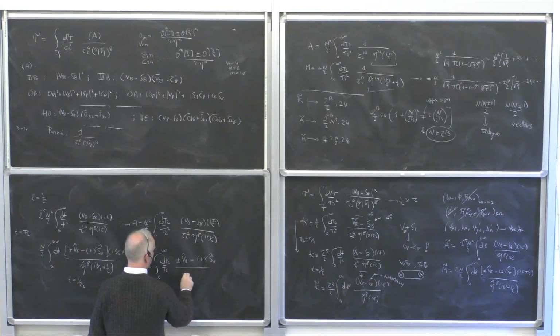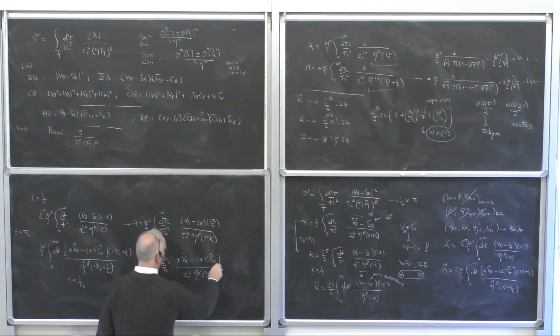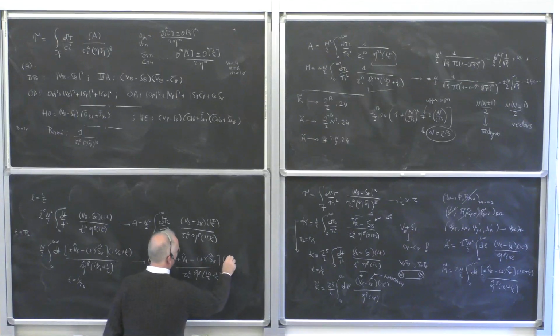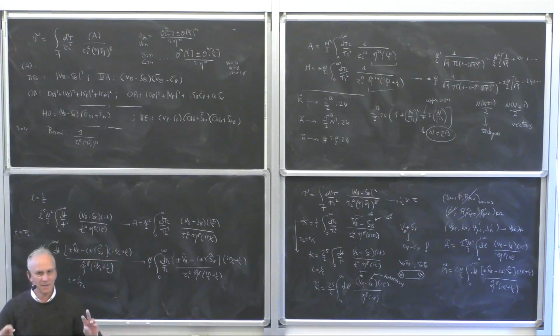And then this guy becomes tau 2 to the fourth eta to the 8 of i tau 2 over 2 plus 1 half. And the numerator, of course, is again a function of i tau 2 over 2 plus 1 half, which means that you get alternating contributions for the various mass levels.